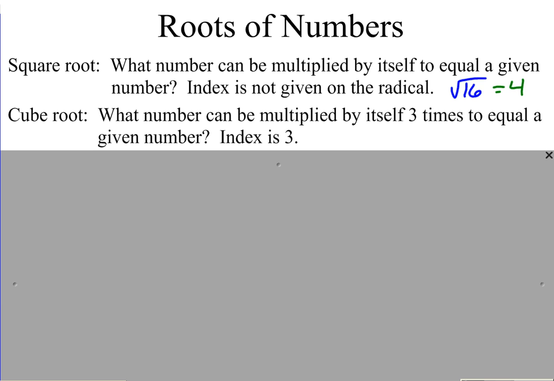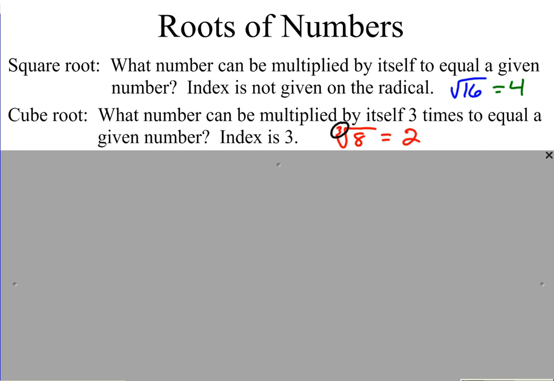Cube root. What number can be multiplied by itself 3 times to equal a given number? The index is 3. So in this case, the cube root of 8 is 2 because 2 times 2 times 2 equals 8. Index on a square root is not given.